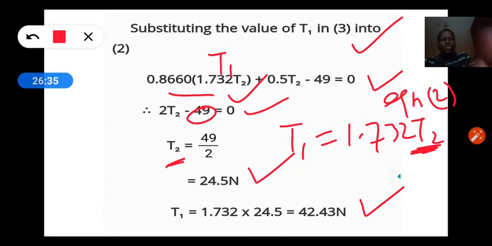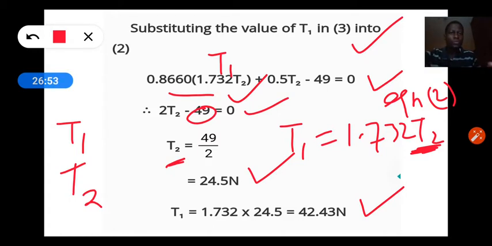So I've succeeded to get both T1 and my T2. Good. We've finished solving the first example. I hope it's crystal clear to every one of us. Good. So we've gotten our tension T1 and tension T2. Okay, good.